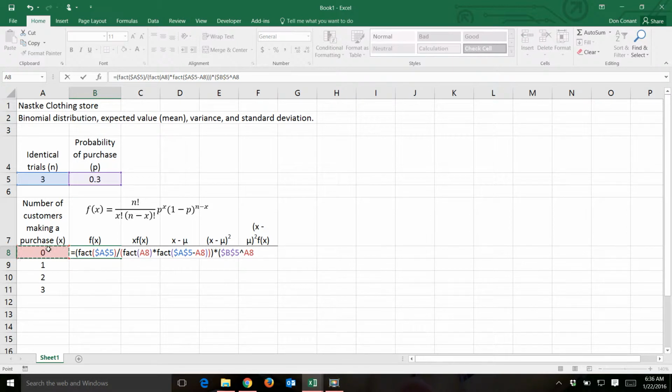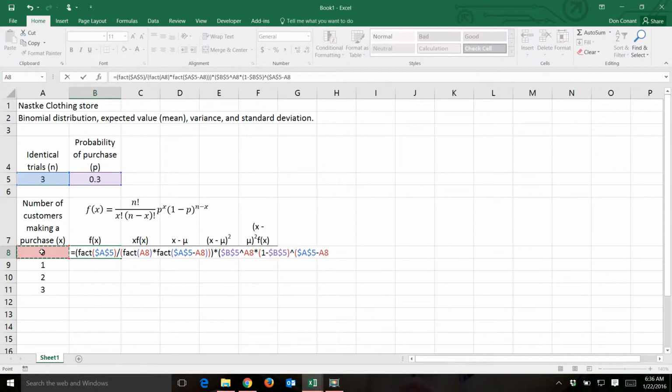And I'll multiply that times the quantity 1 minus, again, back to p, make that absolute, raised to the n, make that absolute, minus x.